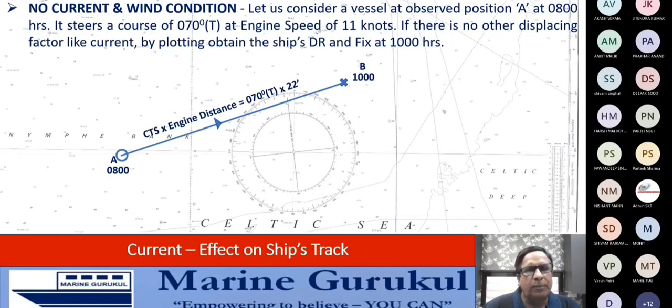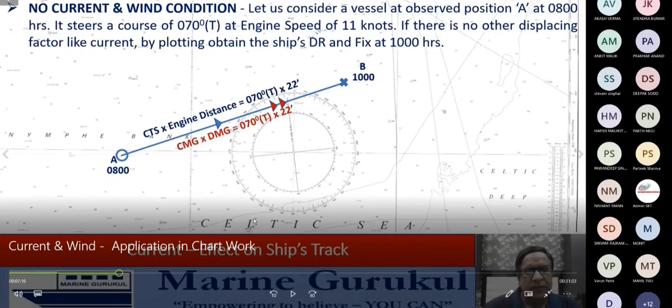So this track over the ground is represented in Chartwork by course made good and distance made good. And this particular vector is represented by two arrows. You can see the two red arrows coming on the same track. That means track A to B, besides being a CTS track or track through water, is also a course made good track and track over ground.